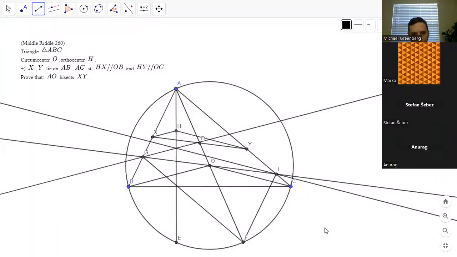We think about trig Ceva on triangle AGI. I think that we can find sines of those angles really easily. Yeah, basically sine this over sine this, times sine this over sine this, times sine this over sine this. That would probably do it.